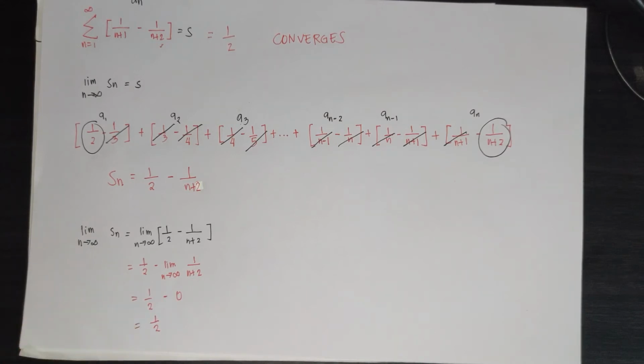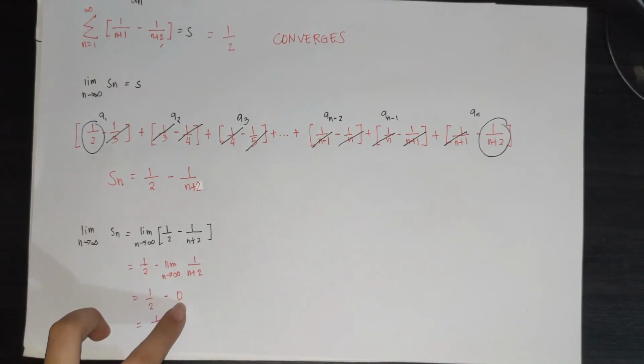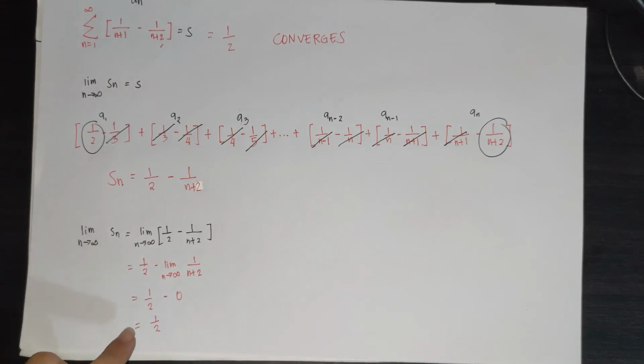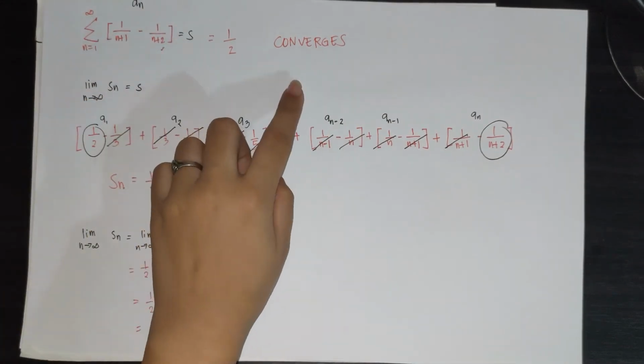So 1 over n plus 2 will also go to 0. So this is going to be 1/2 minus 0, which is 1/2. So this is the sum of the series as n goes to infinity. Because the sum is equal to a finite number, we can say that this series converges.